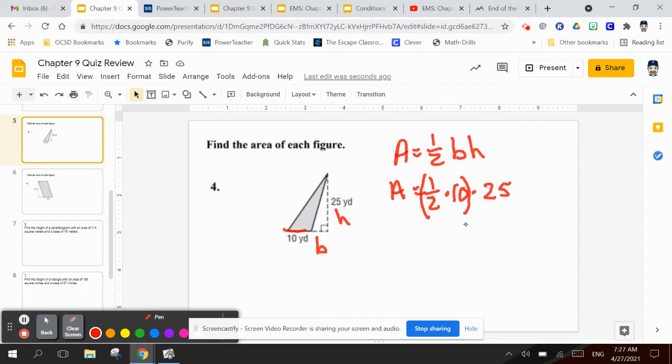I do half of 10 first. Area equals half of 10, which is 5, times 25. Area equals 5 times 25 is 125 yards squared.